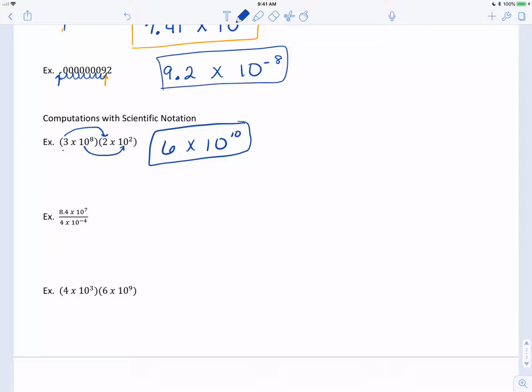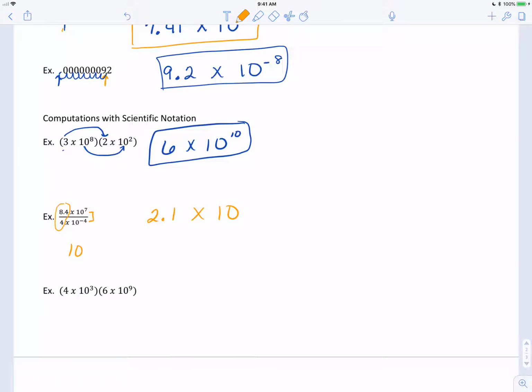And same thing with division. We'll divide the real numbers and then subtract the exponents. So what is 8.4 divided by 4? Well, that is 2.1. And then we'll say times 10. To what do we do with our exponents there?